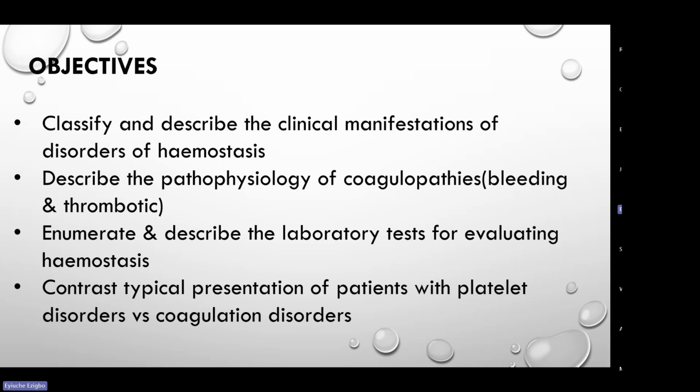Describe the pathophysiology of coagulopathy, that is the underlying mechanism through which those disorders are manifested. Enumerate and describe the laboratory tests for evaluating hemostasis. Contrast typical presentation of patients with platelet disorder versus coagulation disorder.